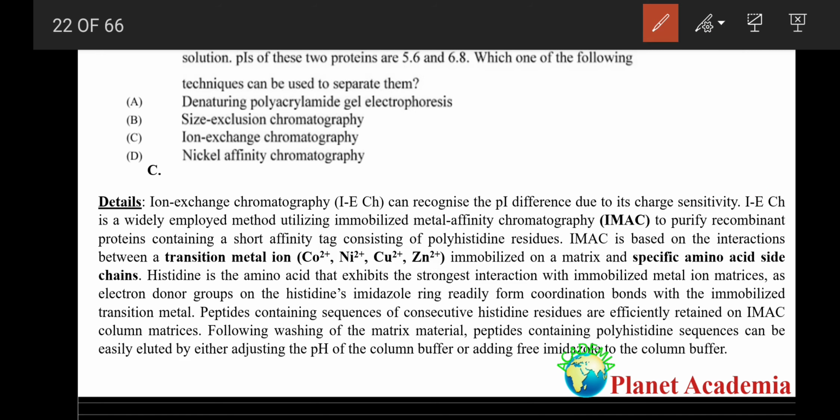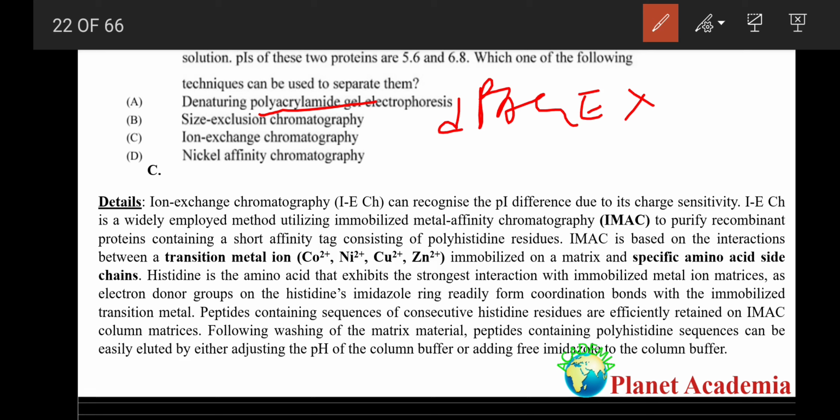So for this, we need to emphasize on the ionic part. Native polyacrylamide gel electrophoresis, PAGE, is not it. PAGE separates proteins only on the basis of molecular weight, not charge.